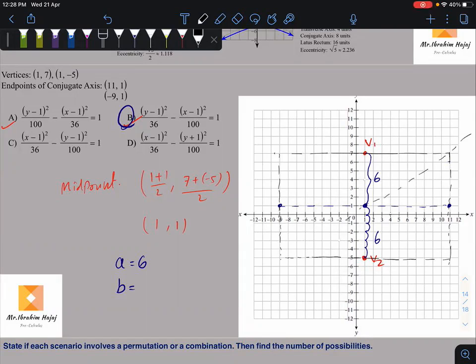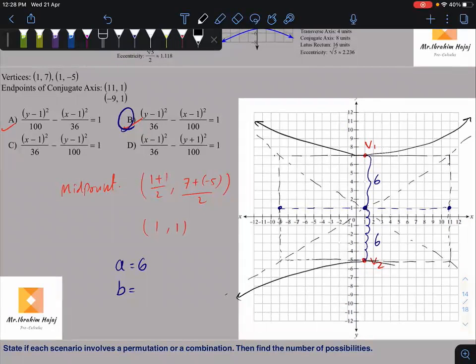Asymptotes pass through the center and through the corners of the rectangle. And then from there you can draw the branches that represent this hyperbola. So the B here is how many units from 1 to 11, which is 10. So A squared is equal to 36 and B squared is equal to 100.